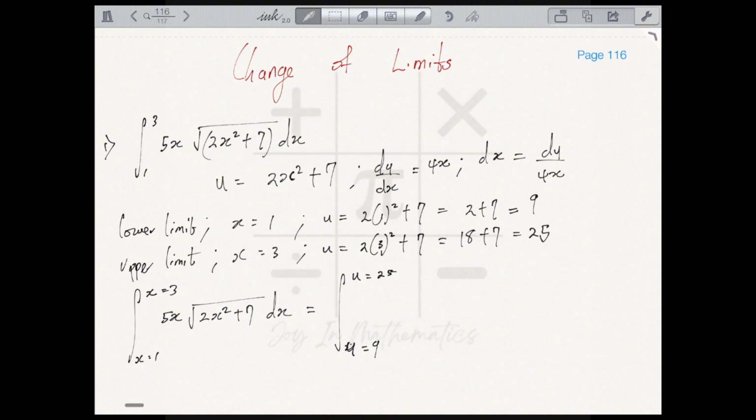And we make our substitution 5x, and we remember that we made u equal to 2x squared plus 7, and this will give us square root of u, and our dx is du over 4x.